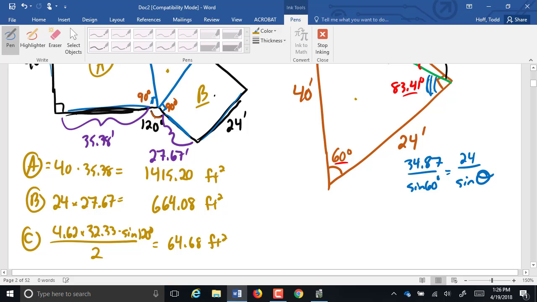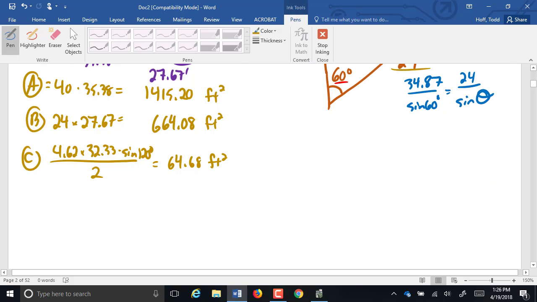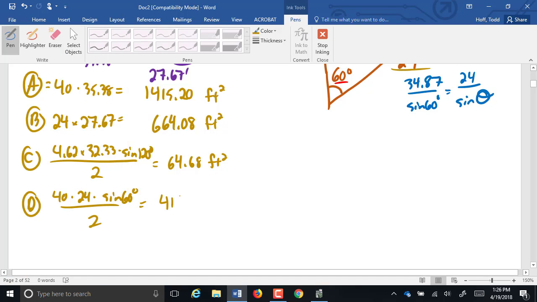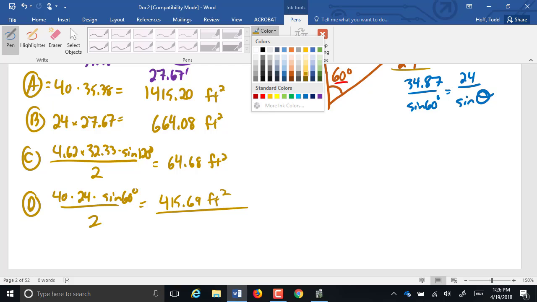That's just a very slim little triangle there. And then this here, part D, is going to be 40 by 24 times the sine of 60 divided by 2, which is 415.69. What do we get when we add those all up?